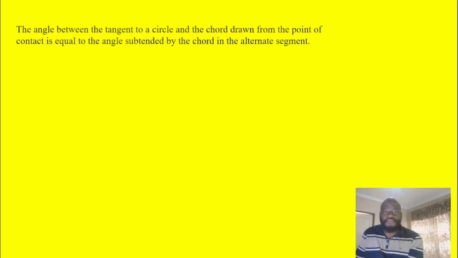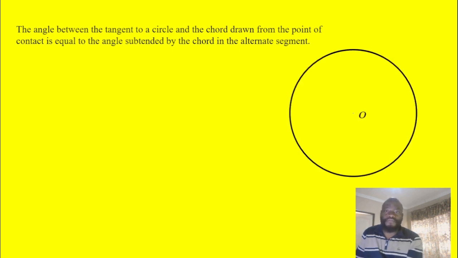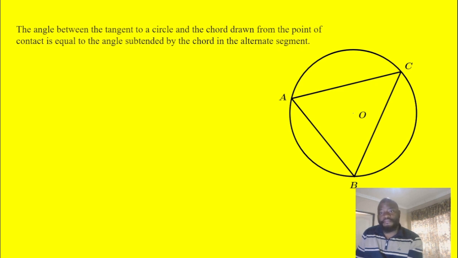So this is how it goes. Say we have a circle with center O and point A on it, we draw a chord to B, then we draw another chord to C, then C and A are joined to form another chord again.